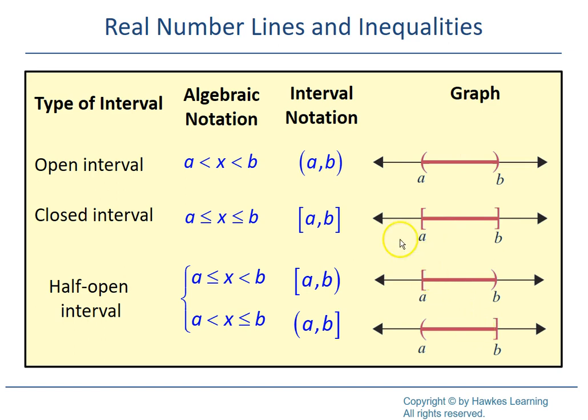Now, when we only have parentheses, we refer to this as open interval. When we have brackets on both ends, we refer to that as closed intervals.